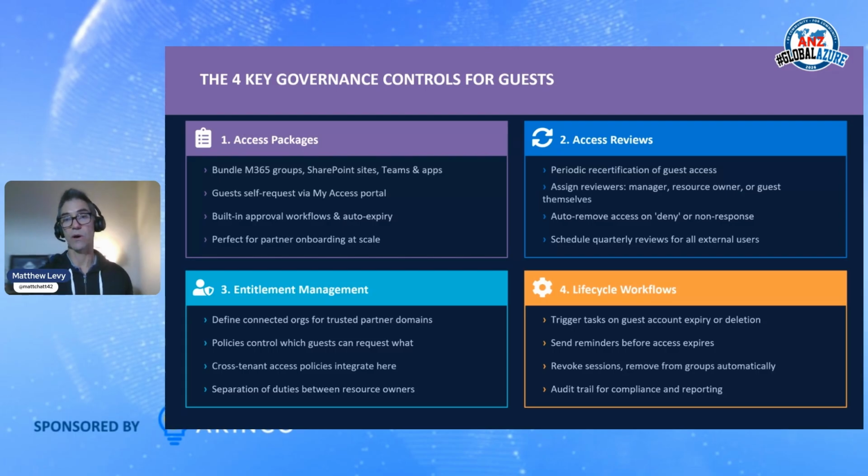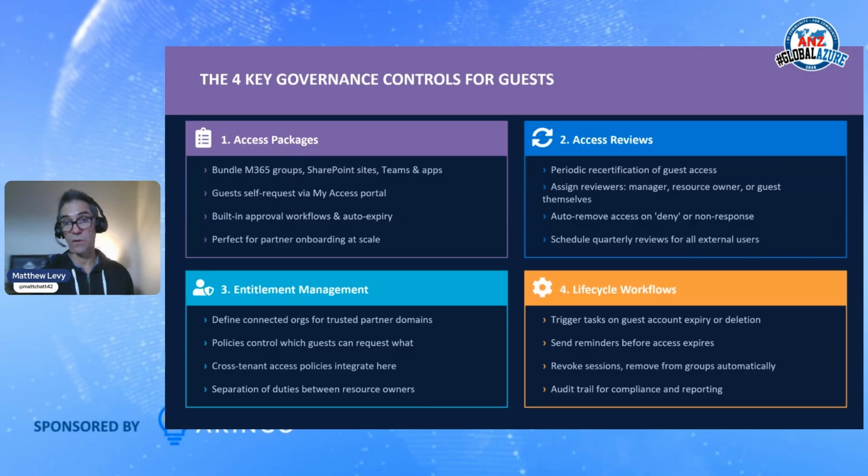Access reviews are how you keep things clean over time. You schedule a quarterly or annual review, assign reviewers, potentially the resource owner or the guest sponsor, or even the guest themselves, and you set the policy to automatically remove access or deny a non-response if they don't respond to that access review.